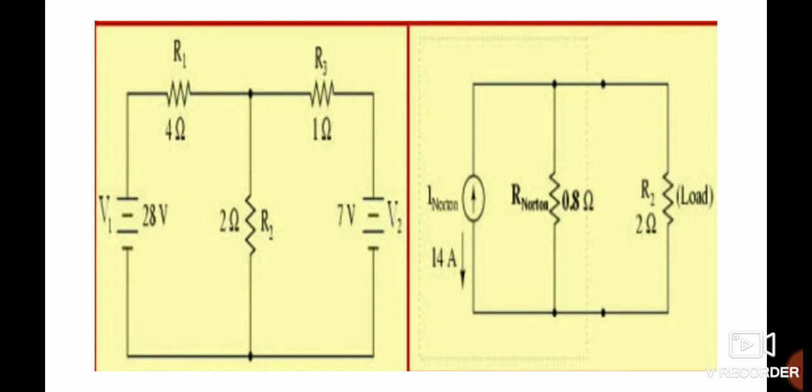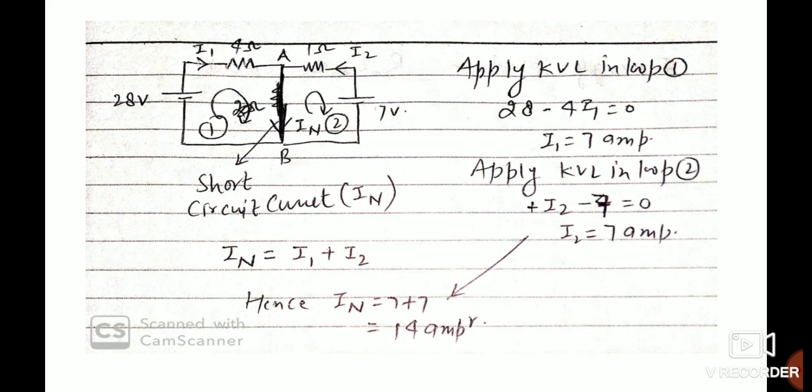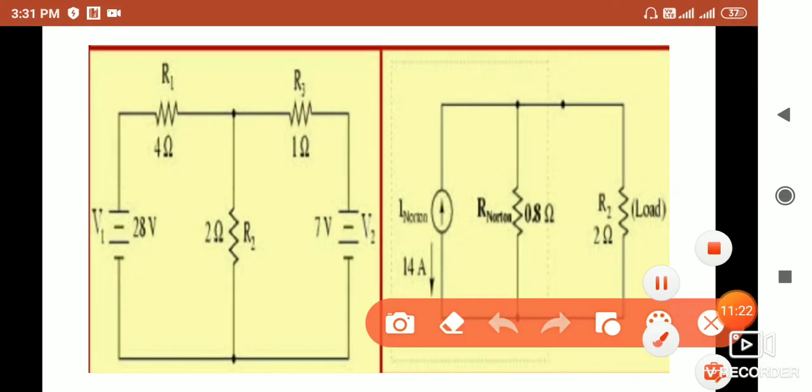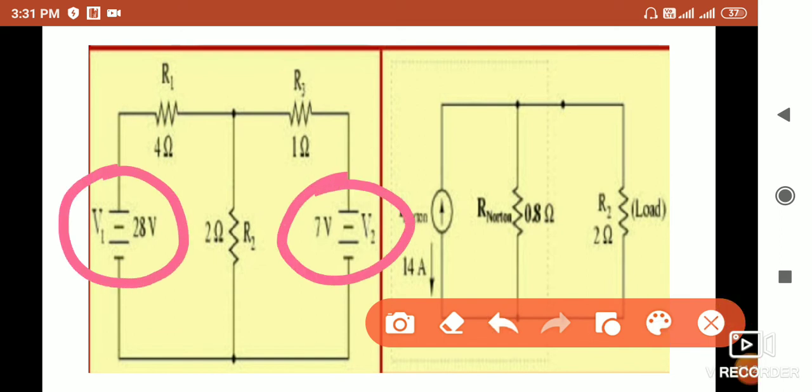Here is one example for solving Norton's theorem. Here we can see the voltage source, 28 volt, and here is 7 volt, two independent voltage sources. In the question, the load resistance is mentioned, and it asks to find the Norton equivalent circuit across nodes A and B, across 2 ohm.